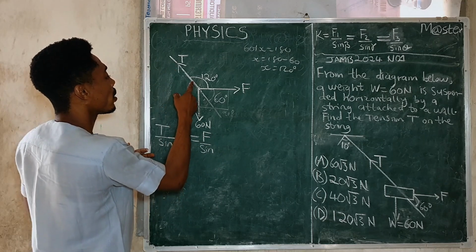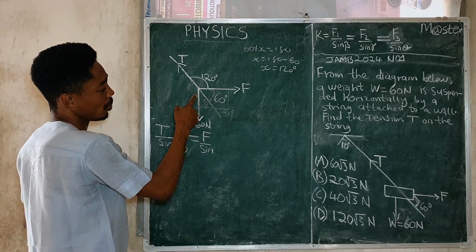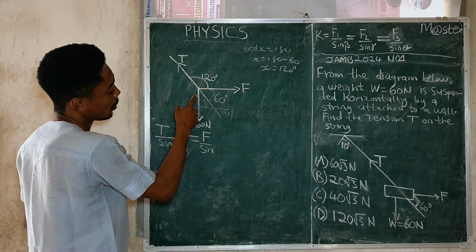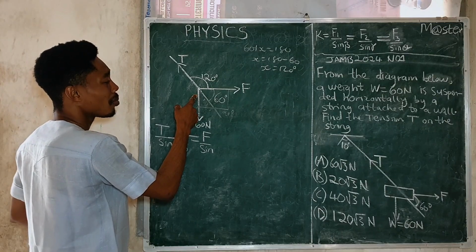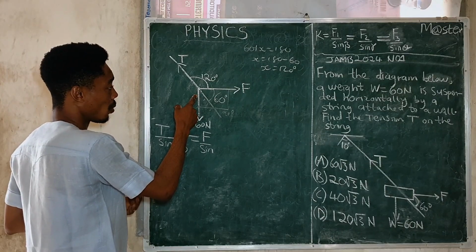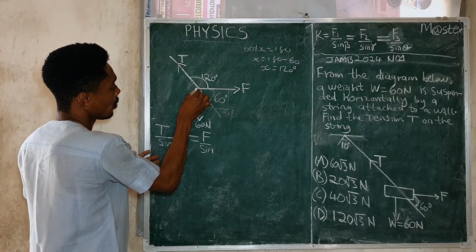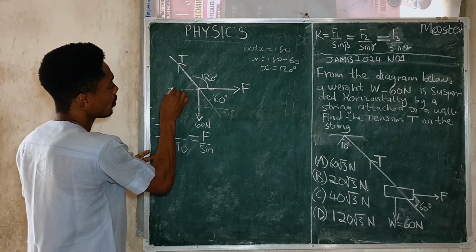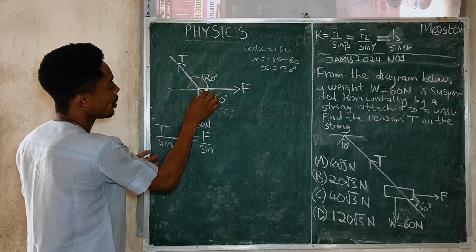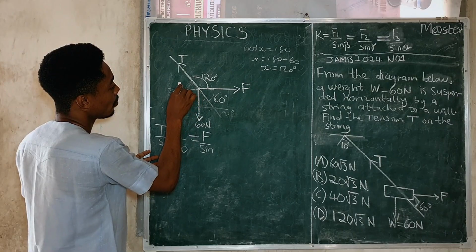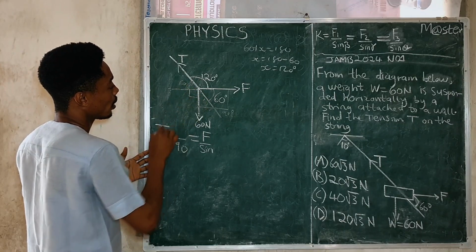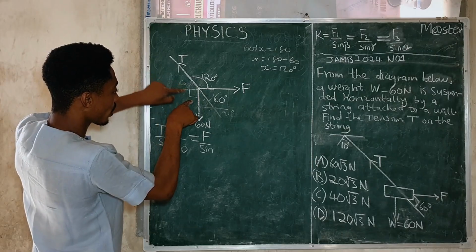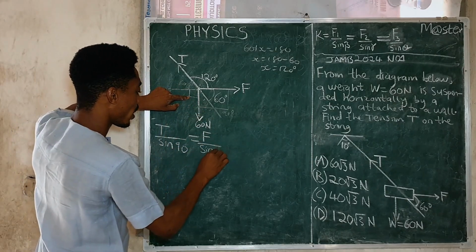Well, I don't know what this angle is. Assuming I don't know what that angle is, I can still find it if I wanted to, because if I extend this line, this is 120, and this is 60, and this is 90. So 60 plus 90 is what? 150.